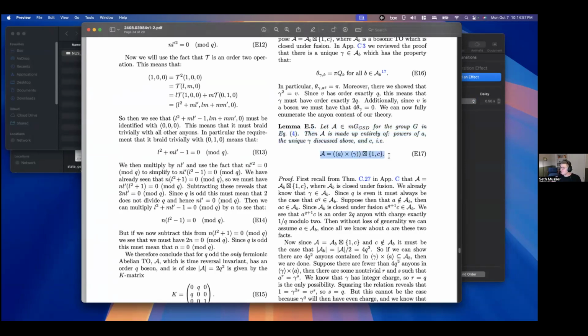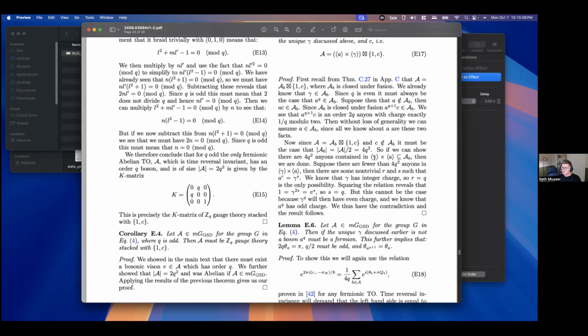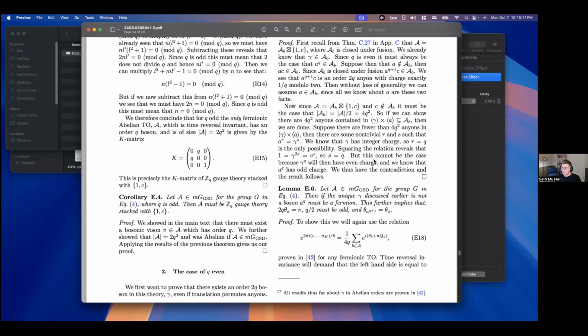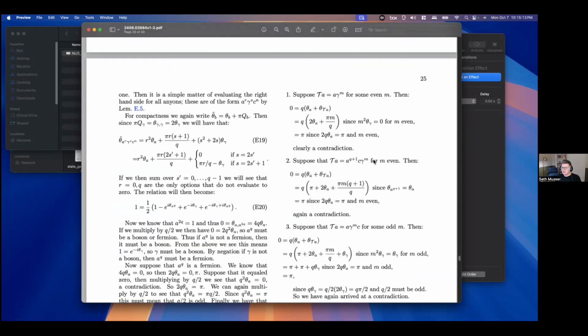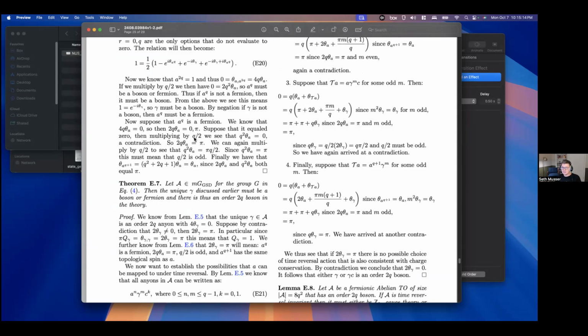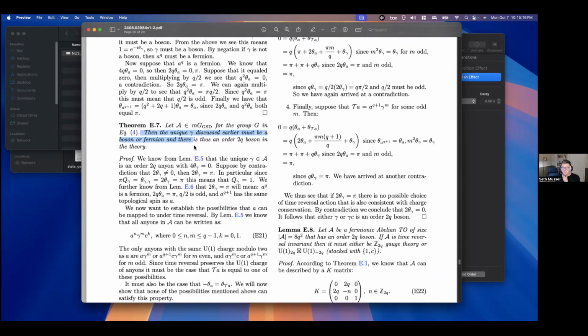Once you've ruled out the possibility of a non-abelian gamma, you know your theory must be abelian, and you know what its generators are. And then you can very carefully show, just by thinking by cases, so theorem E7 is probably the important one, that this gamma must be a boson or fermion.